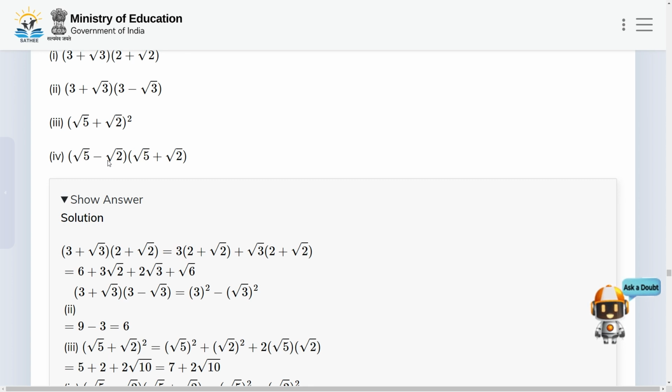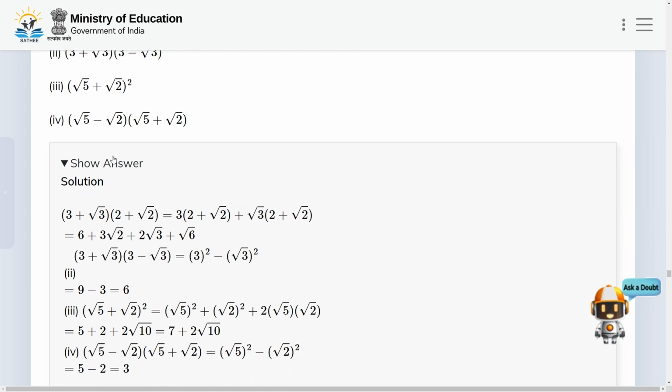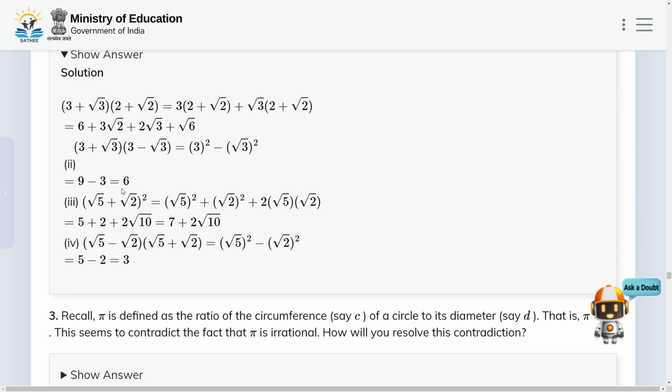In the third one here we have (√5 + √2) whole square. Okay, so we have studied in our previous lecture how to expand (√a + √b) whole square. So if we use that identity here, then (√5 + √2)² is equal to (√5)² + (√2)² + 2 × √5 × √2.